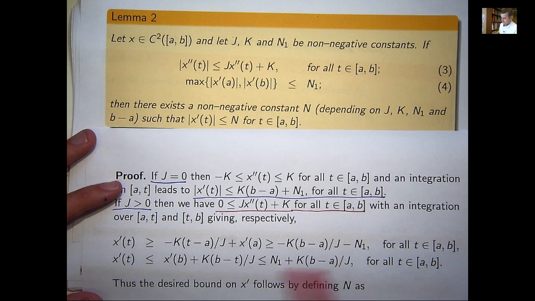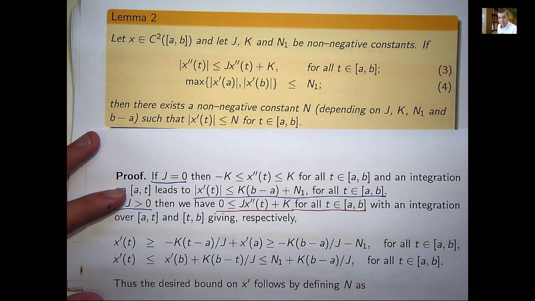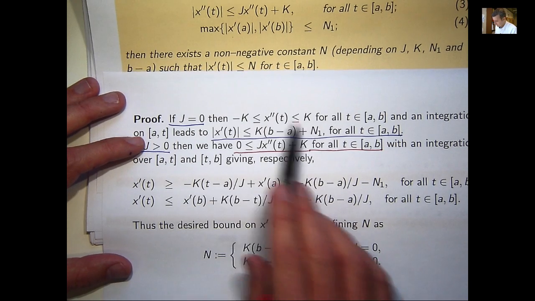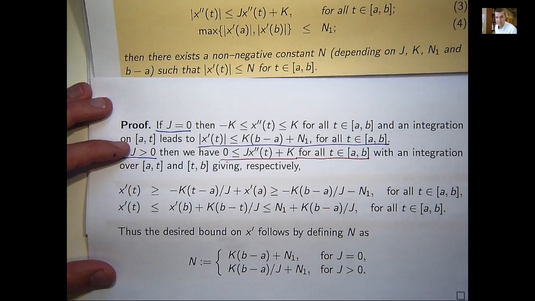So we can actually combine these inequalities into the one inequality. And, well, covering the first case, that's our bound in the case j equals 0. And this is our combined bound for the case j positive.